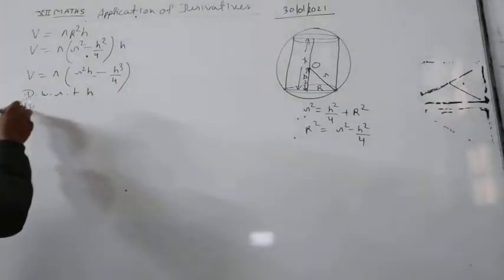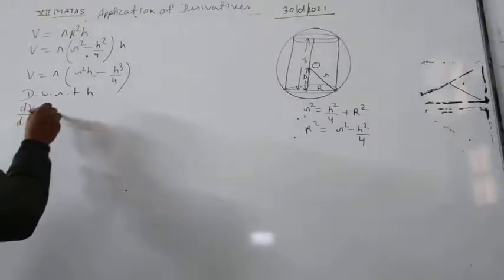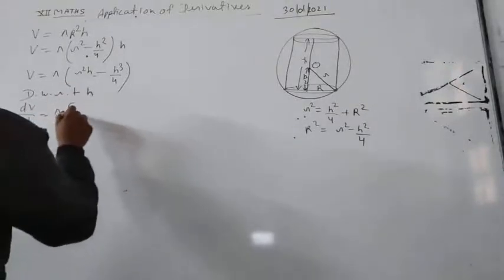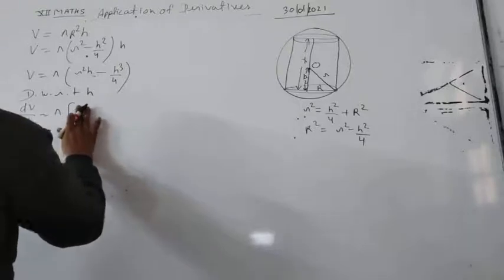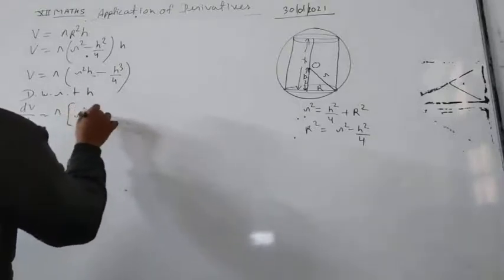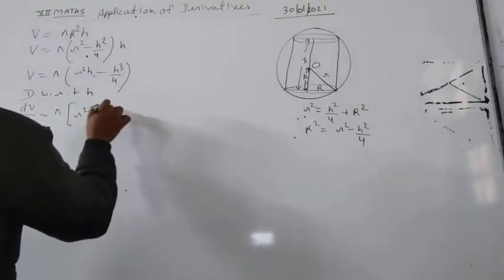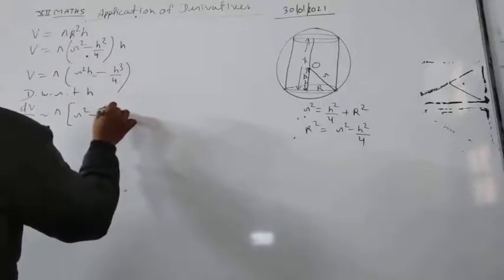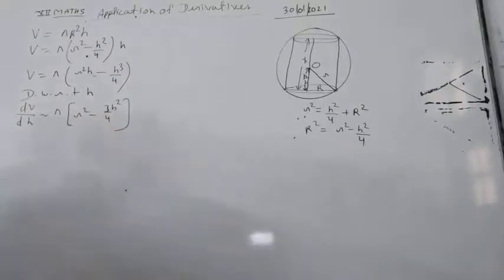We get dV by dh is pi times r square minus 1 by 4 times 3h square. So the first derivative is this, and you know, for maxima and minima, we equate dV by dh equal to 0.